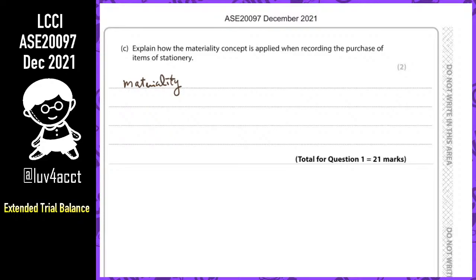If the item is small, costing an insignificant amount, not a material amount, then we can choose a simpler method of recording.